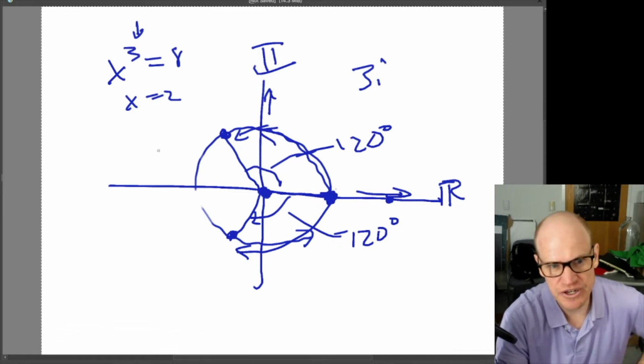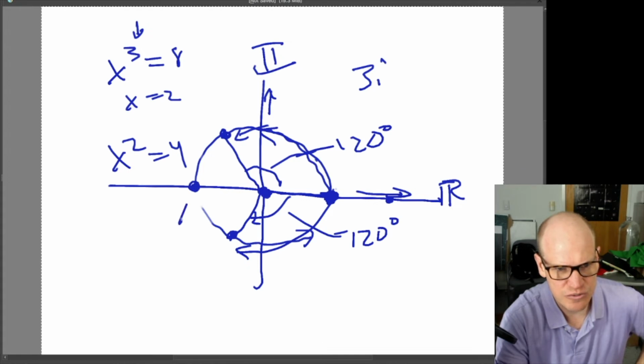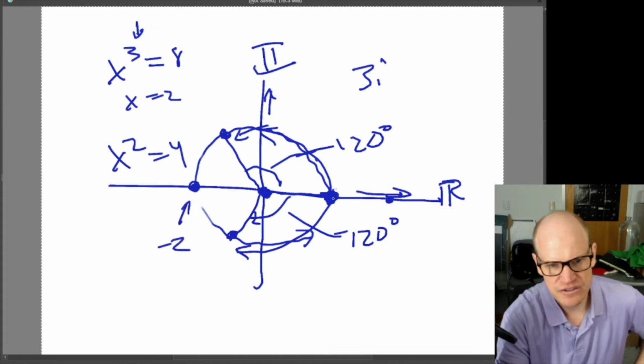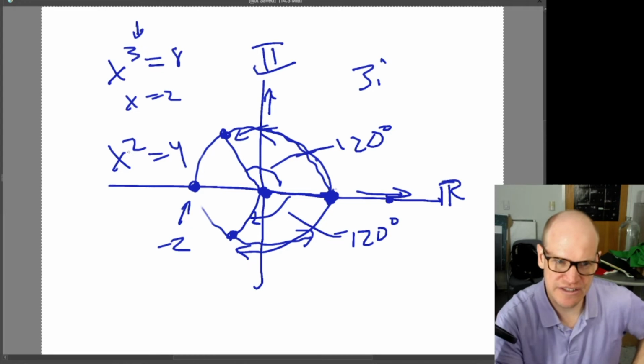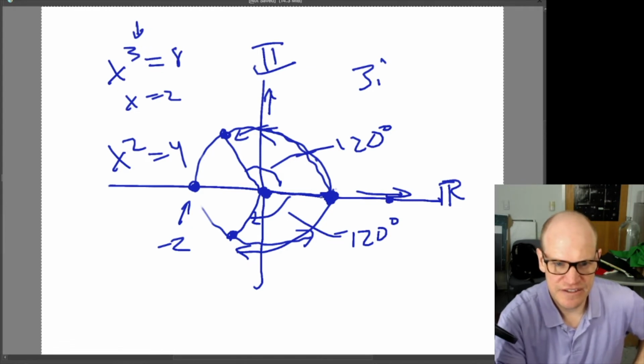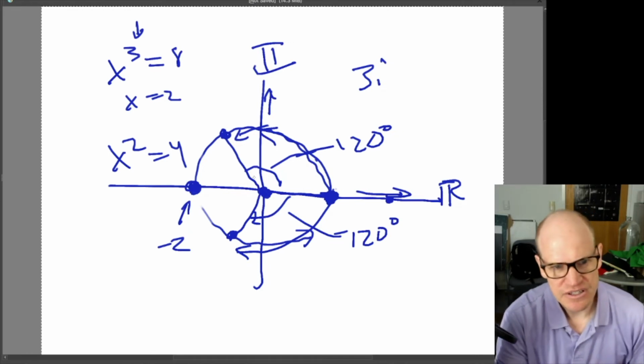So for example, if you're talking about square roots, x squared equals 4, then you get this one here, and then you go equidistant to the other side, and that ends up down here, which would have been minus 2. So if it's an even root like this, you end up with another solution that's on the real line.